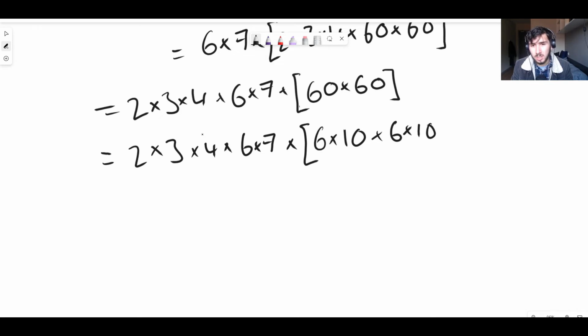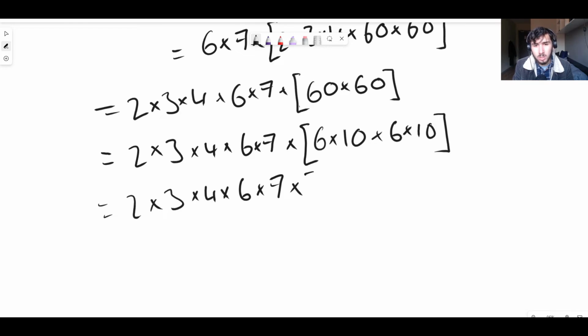So those 2 60s timesing together there. And that is equal to 2 times 3 times 4 times 6 times 7 times. And then let's see what else we can do here. Well, 10 is 5 times 2.